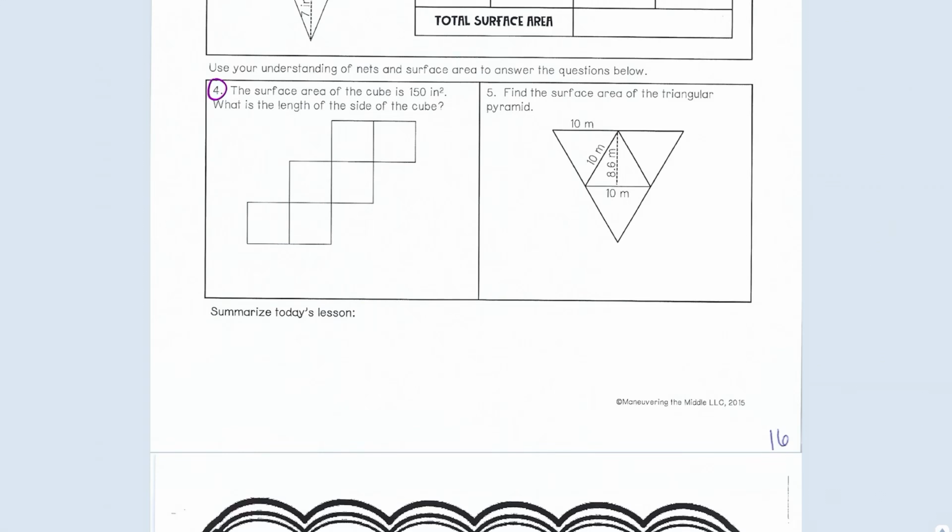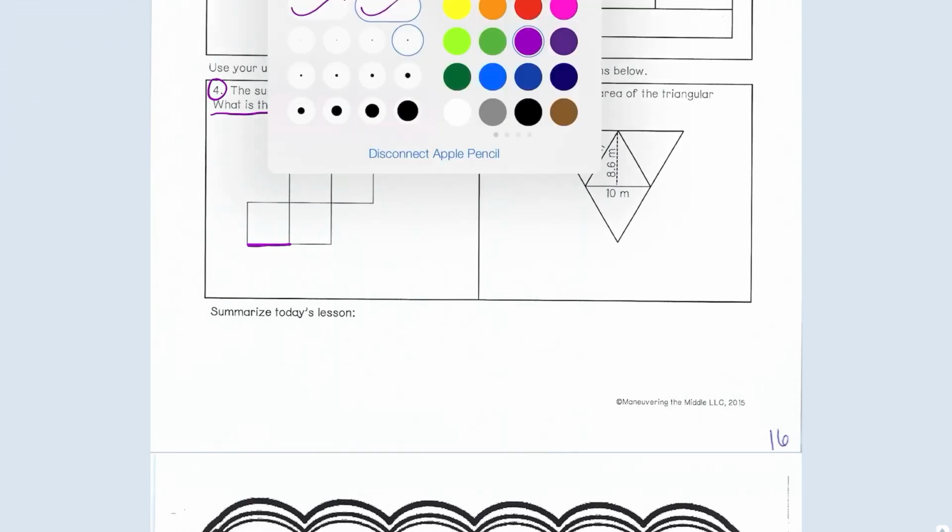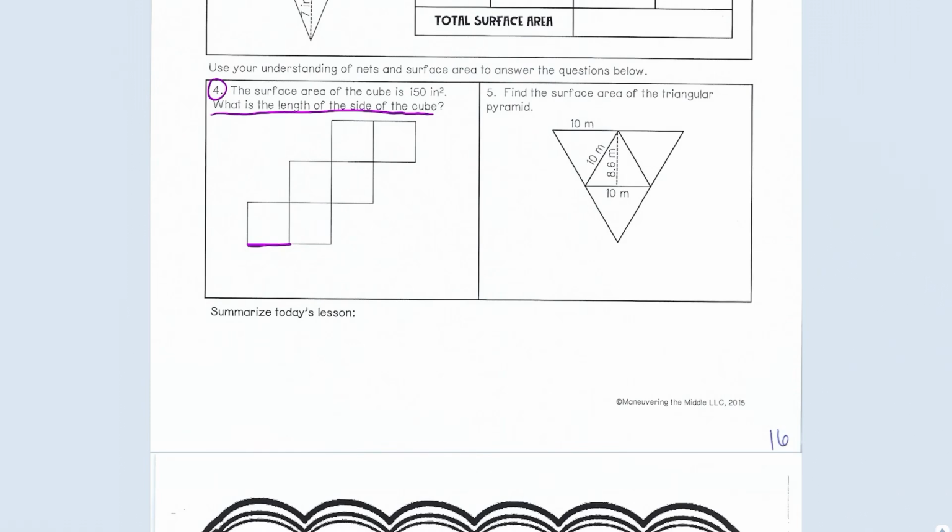Okay, it's important that we know what we're trying to find here. What is the length of the side of the cube? That's what we're trying to find. We're trying to find how long this piece is from here to here. Now the information that they give us is the entire surface area.